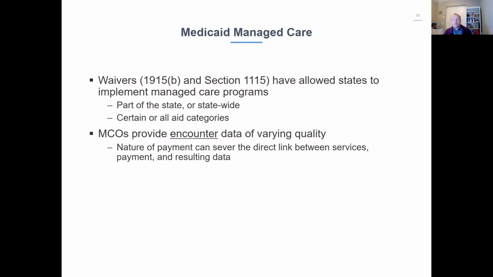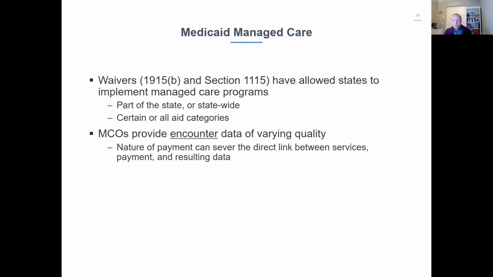Managed care organizations provide encounter data of varying quality. This is partially because of the way services are provided and then billed in a very different way. Instead of getting a partial, full, or denial of payment for a particular service on a claim, managed care organizations are paid on a per member per month basis, which is often based on risk adjustment approaches and so on, right?